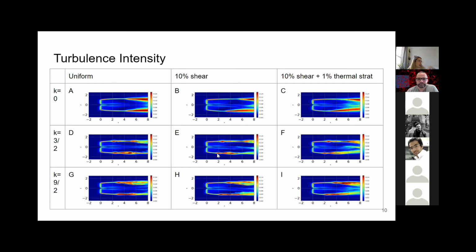And for our perturbed cases, we have that same slanting of the wake, but it's slightly more exaggerated for our wave number of 9/2. And our thermal stratification doesn't seem to actually change the location of the turbulence onset, but there is a slightly different structure within the wake, which is more evident towards the end of the domain.